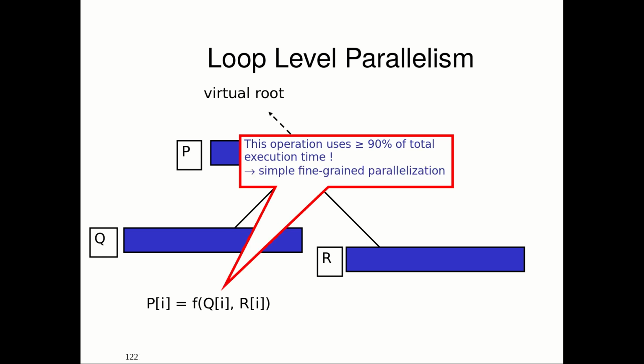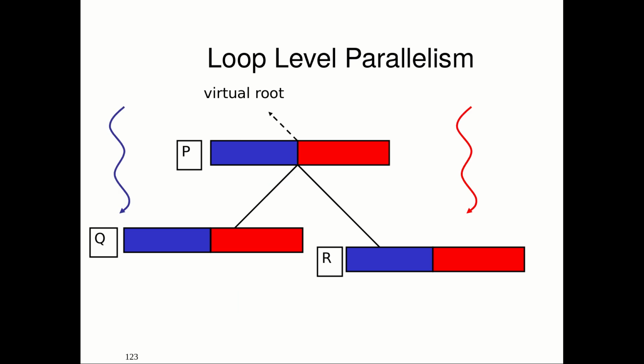But the good thing here is that the calculations of positions I and I plus 1 are independent from each other. So we can apply a simple fine-grained parallelization to this. As I said before, if I have an alignment with 1,000 sites and 1,000 cores, each core can just do the likelihood calculations on one single site.